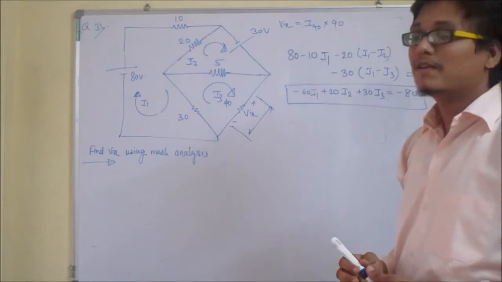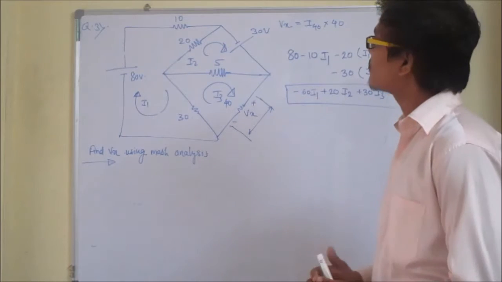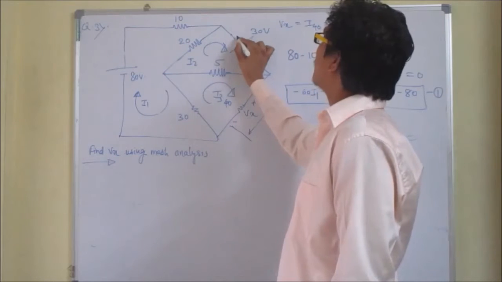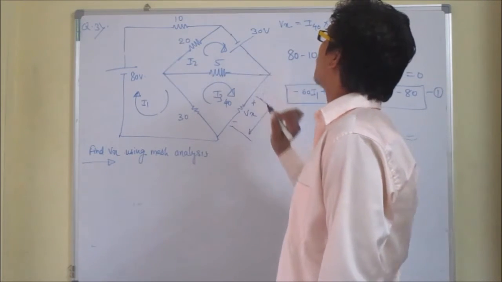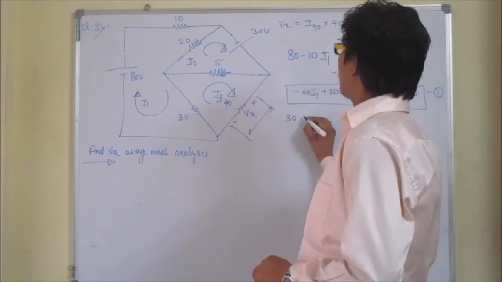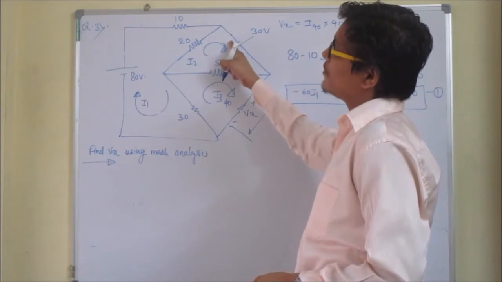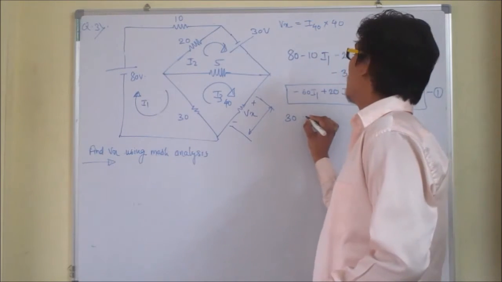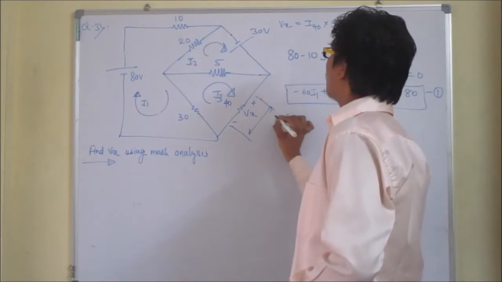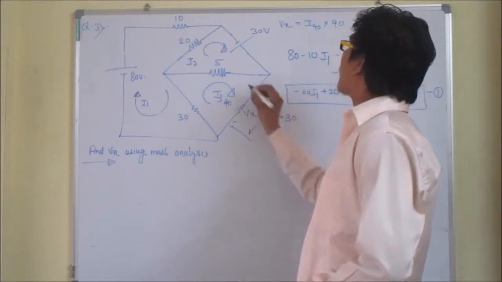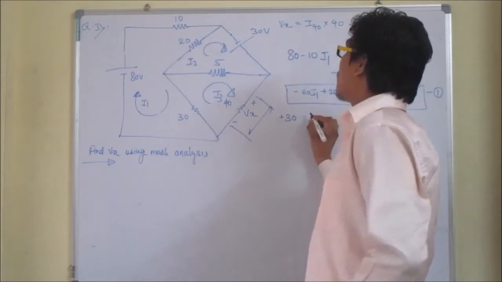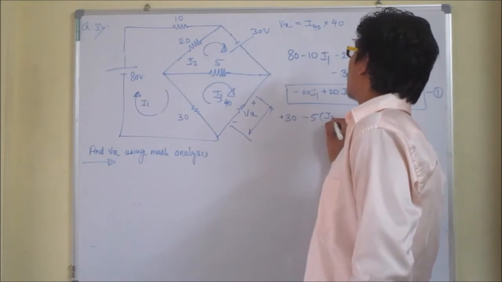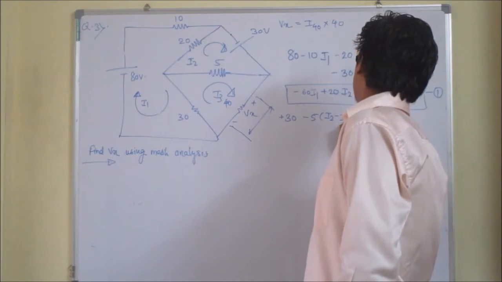Now applying KVL in loop 2, moving from here, I will take this point. We are going from negative potential to positive potential, therefore there is a gain in potential, plus 30. Then going through the resistor there is a drop in potential, and I2 is the highest, therefore minus 5 into (I2 minus I3), the current through the 5 ohm.